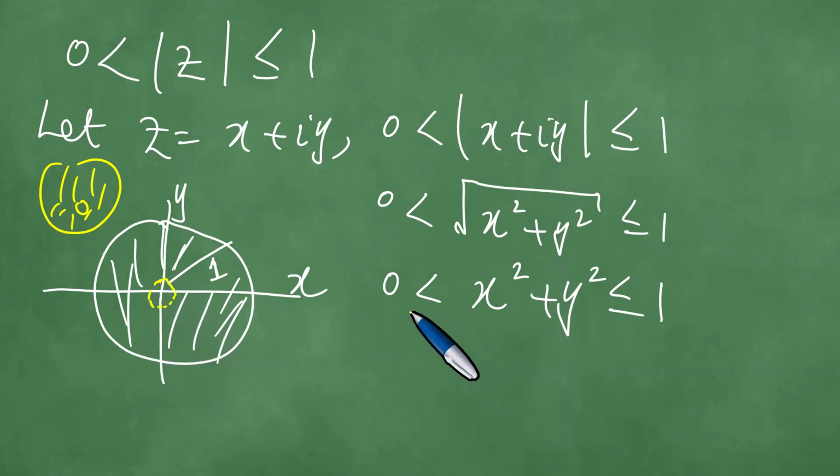Strictly speaking, the region around 0 is obviously an open region, an open region around the origin. But here it is solid. The boundary is solid because it can be equal to 1. But here it's broken around the origin, broken because it's not equal.